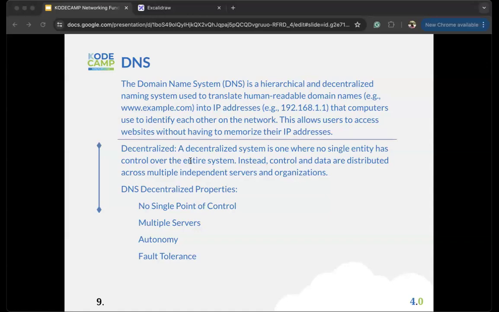But that www.google.com is not the IP address of that server that you're communicating with, for instance. The job of the domain name system is to translate human readable text, for instance, www.google.com, into the IP addresses of different servers, right?